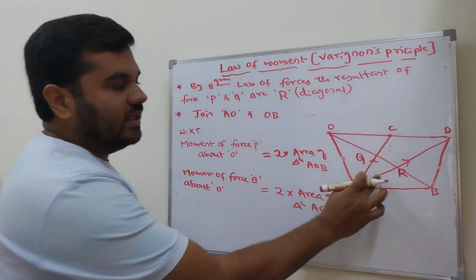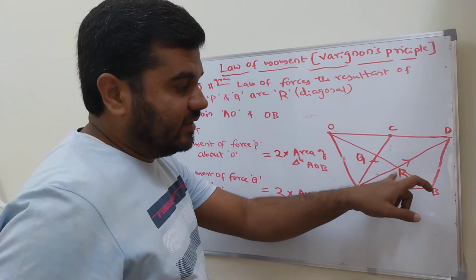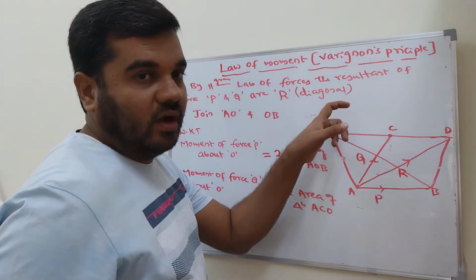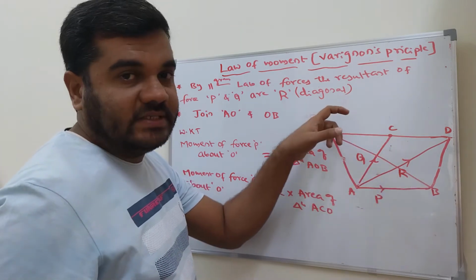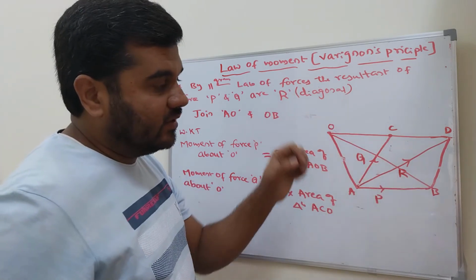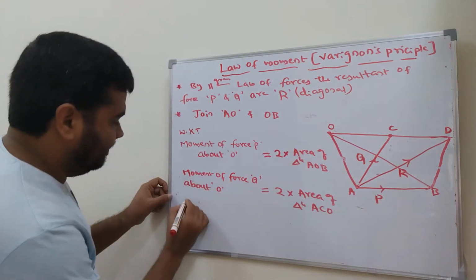Now come to the resultant force. If you want to find the moment of this resultant about O, that is equal to 2 times the area of ADO. I'll write the same.